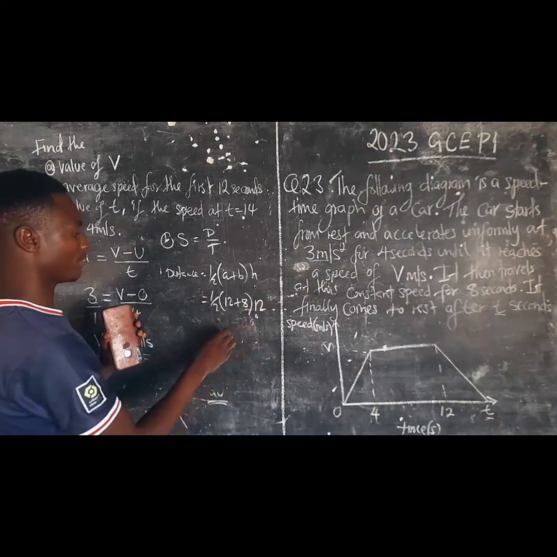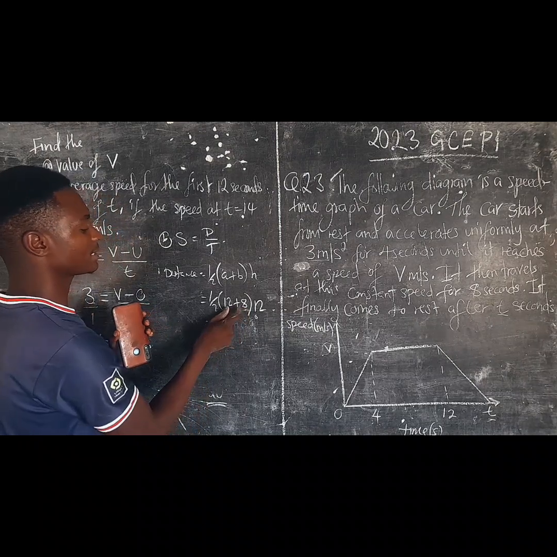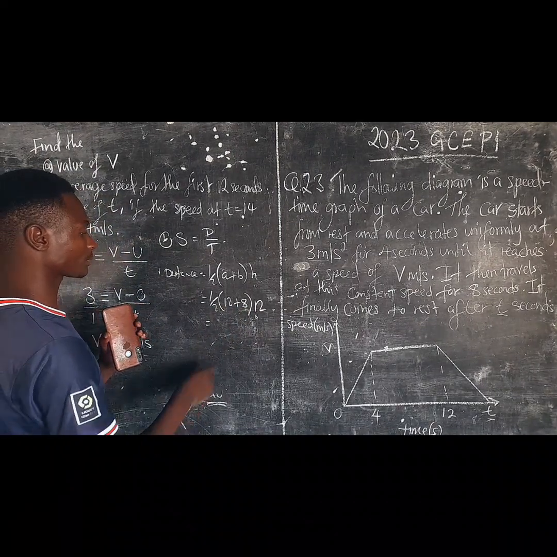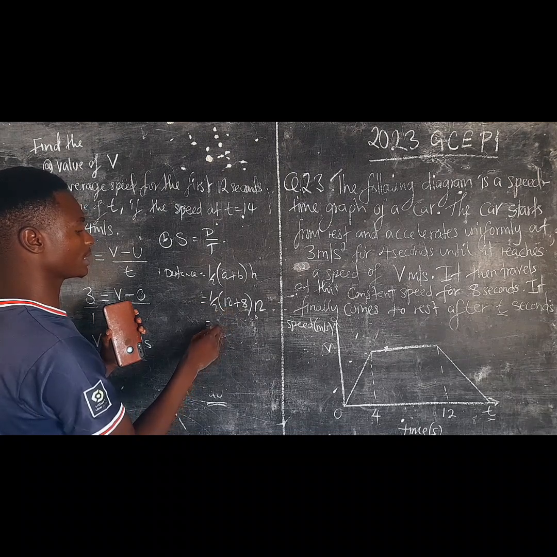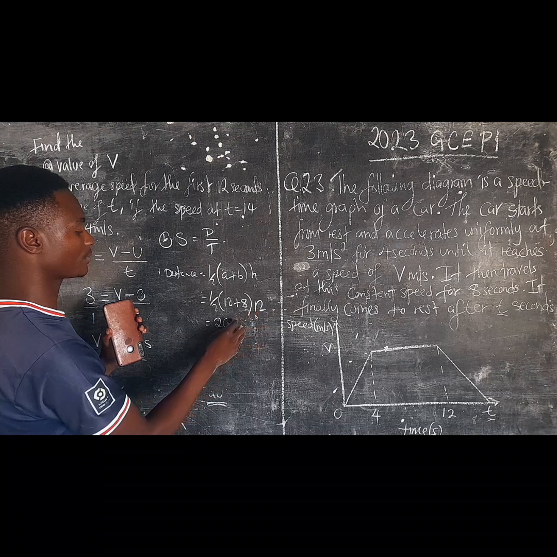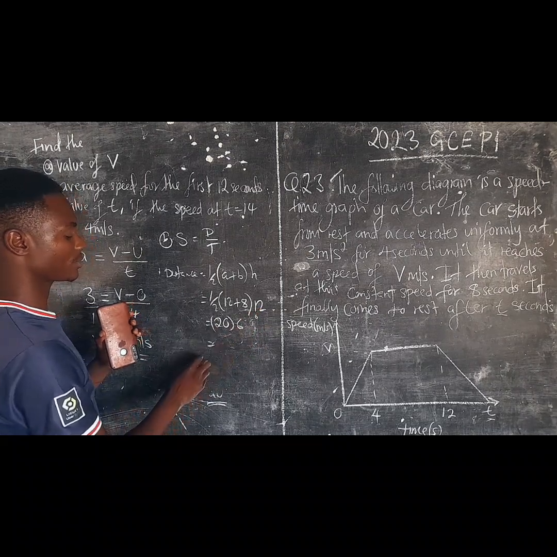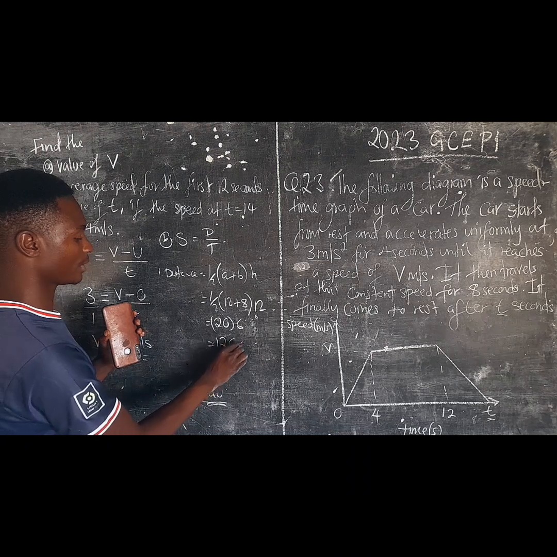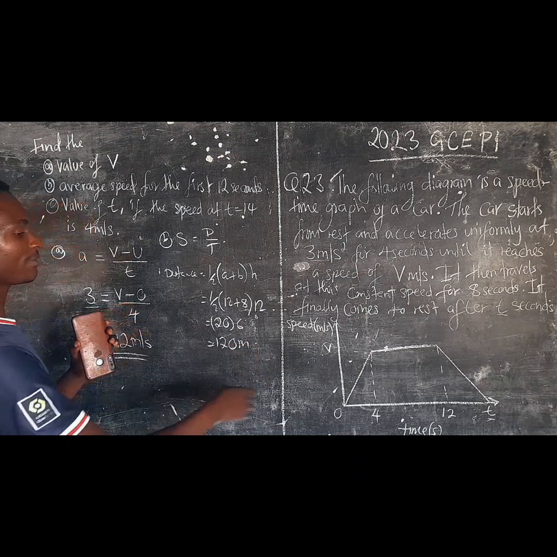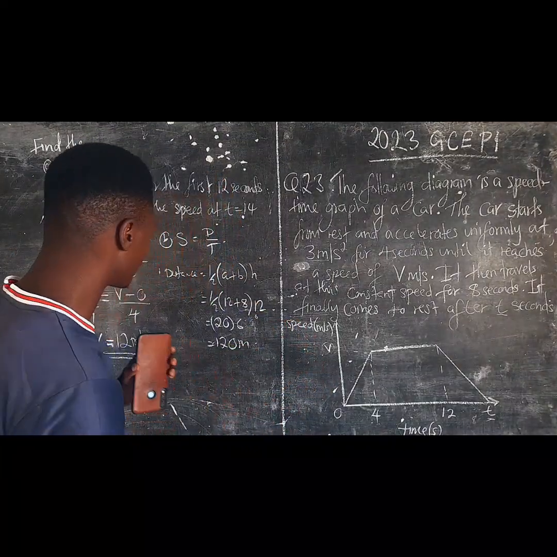When you add inside, 12 plus 8 is 20. Then half of 12 is 6. Then 6 times 20 is 120 meters. So distance covered for the first 12 seconds is 120.